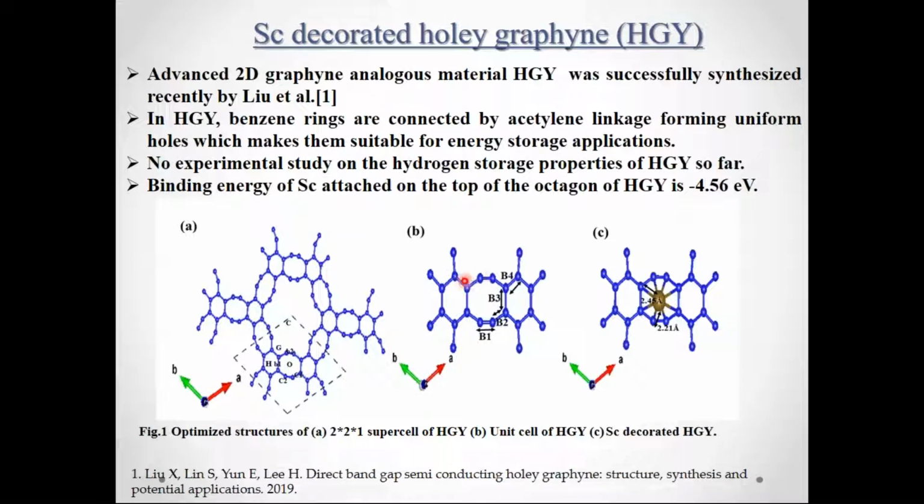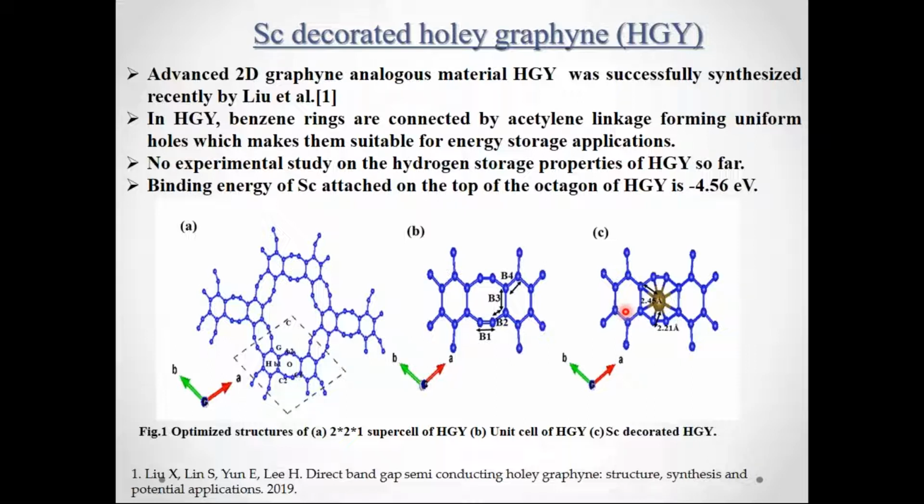The first system that I will briefly discuss is holey graphene. This is the structure of holey graphene, this is the unit cell, and this is the structure for scandium decorated holey graphene. I have used one unit cell of holey graphene for the simulation, and we have decorated this structure with a scandium atom.